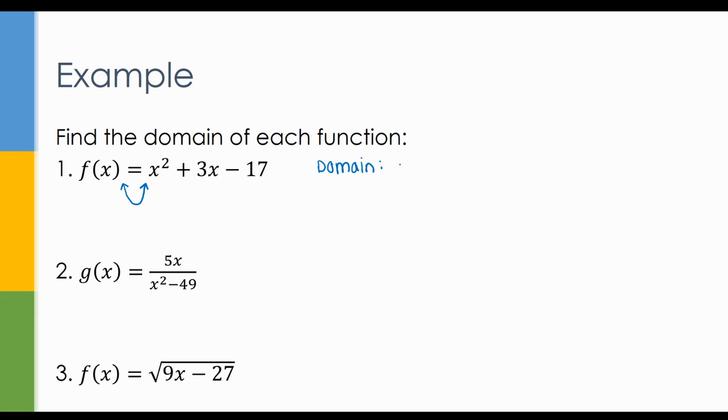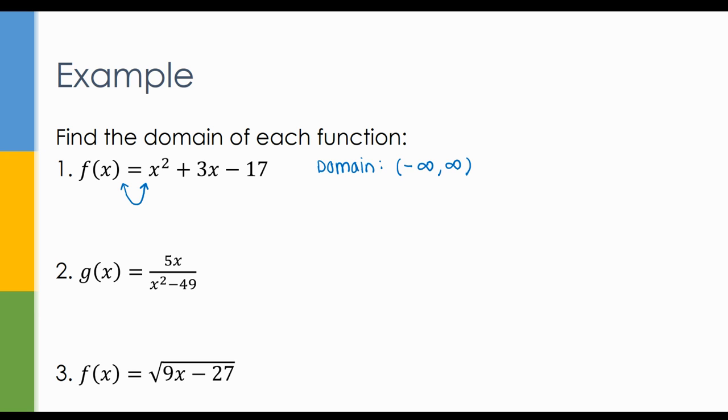And so that means that I can plug in any negative number, I can square it, get a real number. I can plug in 0, square it, get a real number. I can plug in a positive number, square it, and get a real number. So as far as defining our domain in interval notation, it's going to go from negative infinity to positive infinity.